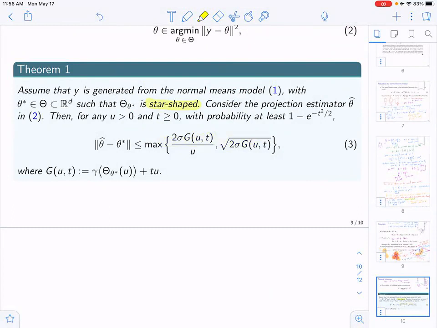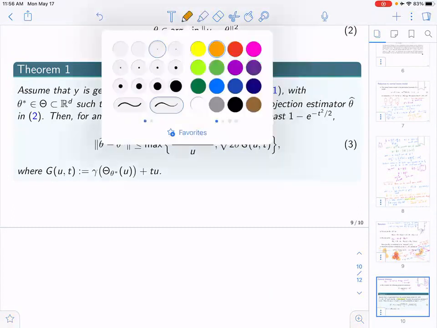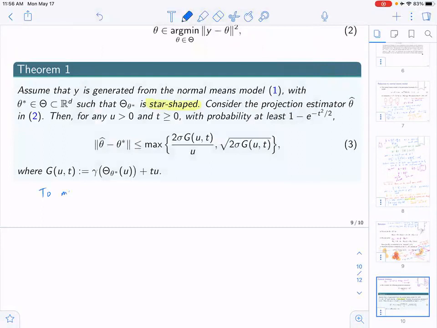You can argue for yourself that to make the bound as small as possible, we should choose u well.